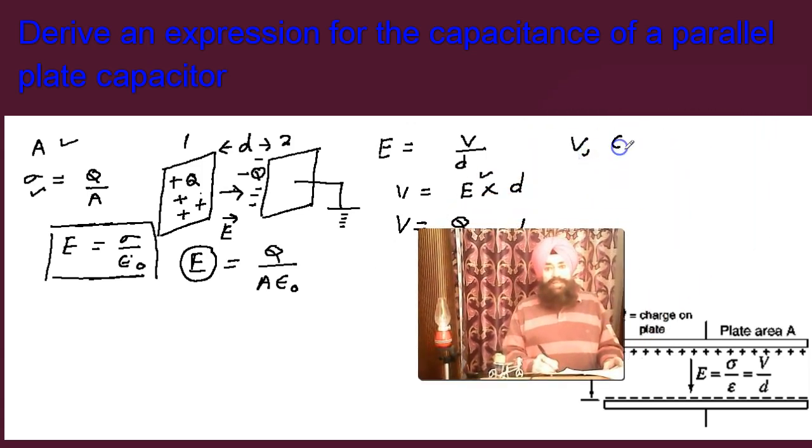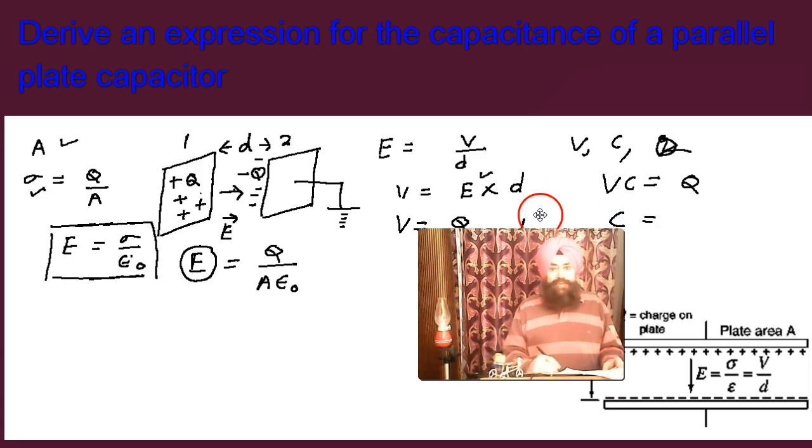Potential, capacitance and charge are related with a formula. Vc is equal to, let me take the symbol for charge as capital Q. Vc is equal to Q. This is a relation between Vc and Q. Now from here we find the capacitance, or the capacity C of the parallel plate capacitor.